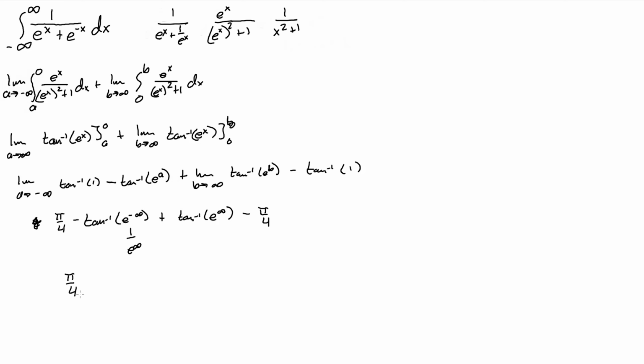So we just have pi over 4 plus inverse tangent of infinity. And as x goes to infinity, inverse tangent is going to pi over 2. So plus pi over 2 and minus pi over 4. So I'm getting pi over 2.